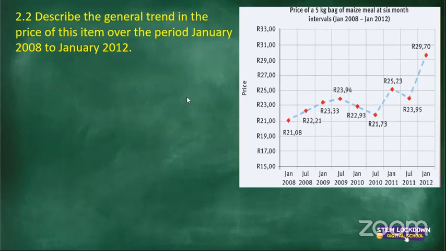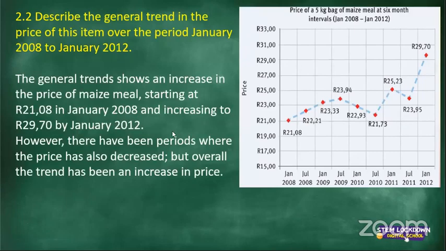So the general trend of this graph shows an increase in the price of maize meal, starting at 21 rand 8 cents in January 2008 and increasing to 29 rand 70 cents by January 2012. However, there have been periods where the price has also decreased, but overall, the trend has been an increase in price. Because they specifically asked for the general trend, you look at the beginning, what was your price?